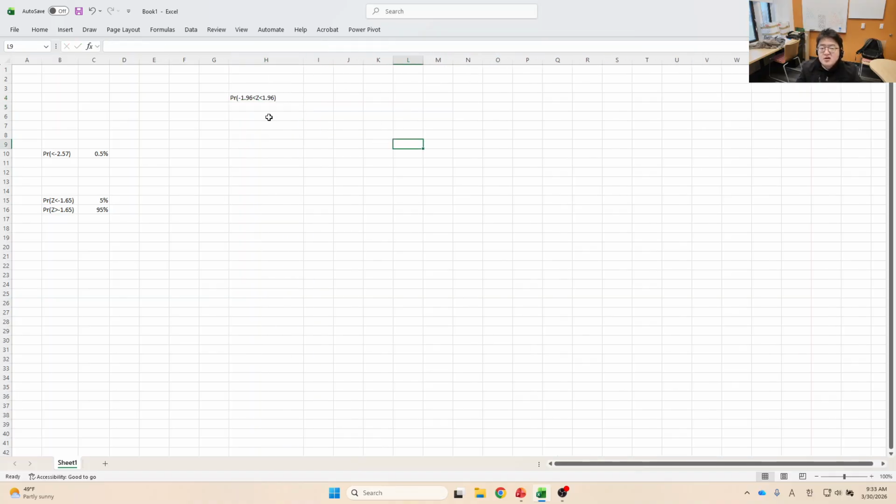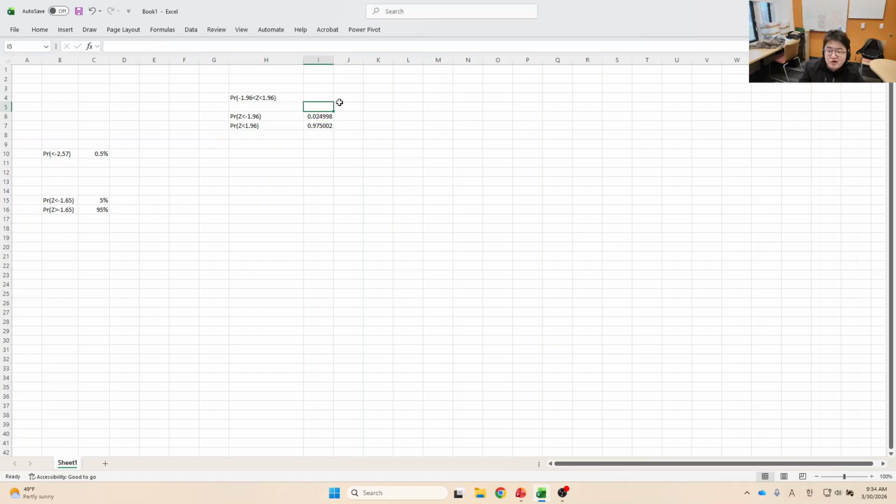We are going to do that. To do that, we will calculate two separate cumulative probabilities, right? So plus side, minus side, let's do that. So it's norm.s.dist minus 1.96, comma, true. It will give you this number. And another cumulative probability gives you this number.